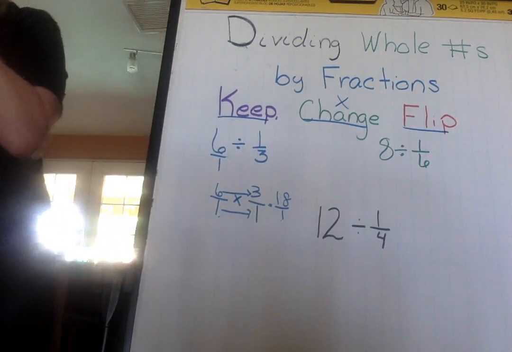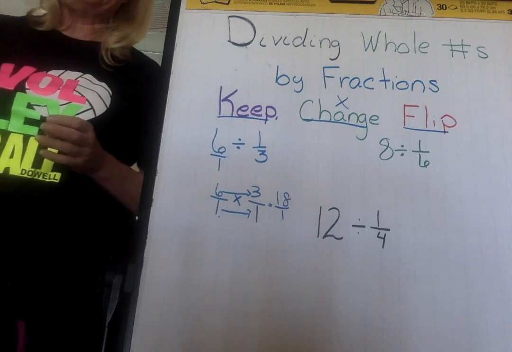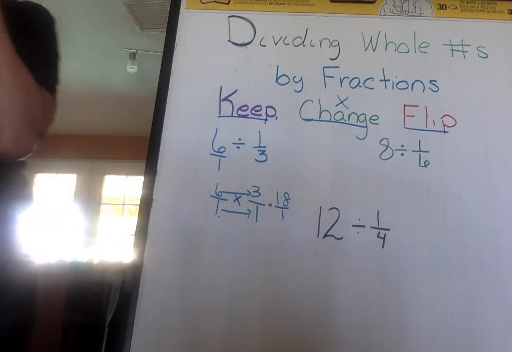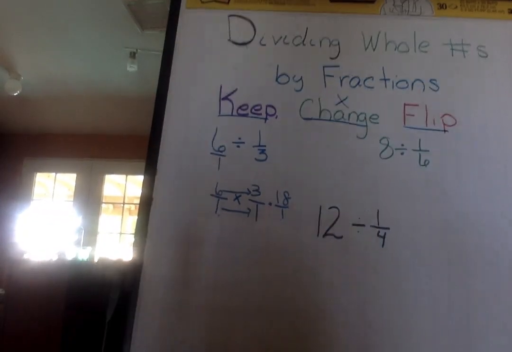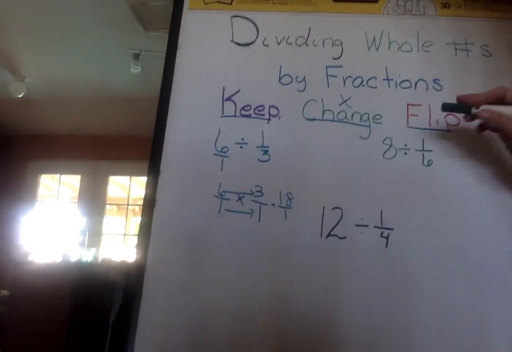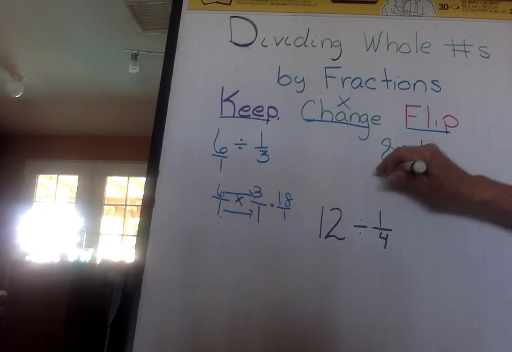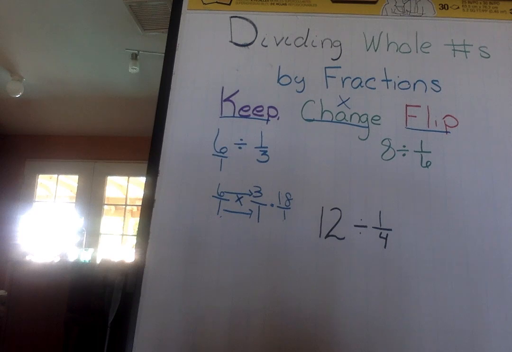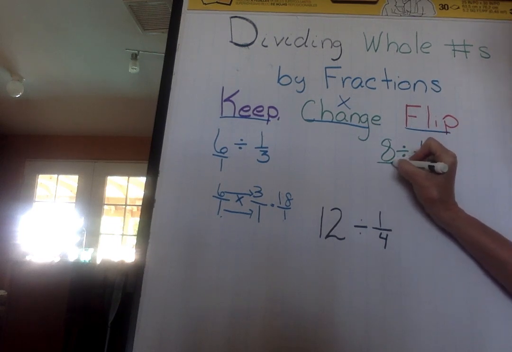Let's try another one. Now, as I work these out, make sure you're paying attention and make sure that it makes sense to you. So I'm going to move over here to the other side, okay? And now I'm going to divide 8 whole into 1/6. So it's just like having 8 of those oranges and cutting them into 6 equal pieces. So I'm going to change my 8 into a fraction.